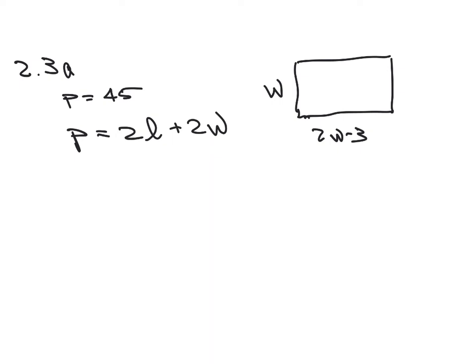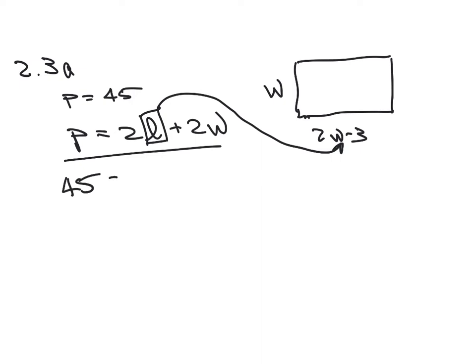So we look at this formula, knowing that bit of information, and instead of an L here, we're going to assign 2W minus 3 to that because, like I've said before, if you have one equation in 2 variables, you cannot solve it. So if I can make this L into a W, then I have one variable, W. It appears twice, but it's only one variable. So I'm going to fill in the blanks with what I have. Perimeter is 45, 2 times.